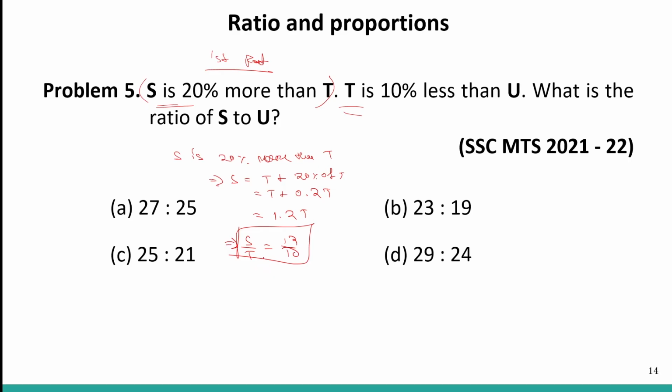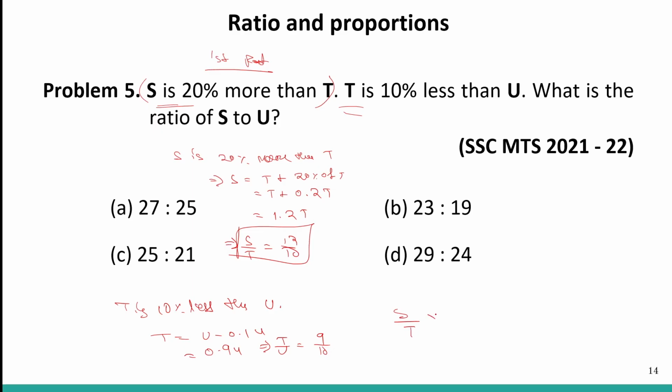The next part tells us that T is 10% less than U. So T is equal to U minus 0.1U, which is equal to 0.9U. So this implies that T by U is equal to nothing but 9 by 10.